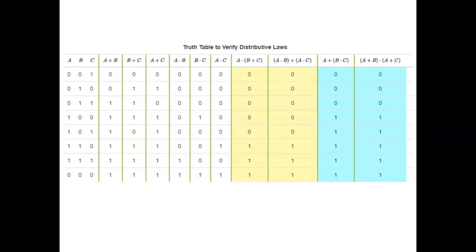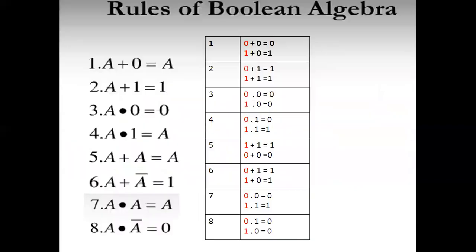You can pause and check later. A dot (B plus C) is equal to AB plus AC. This is one law, and the other one is A plus B dot C is equal to, sorry, (A plus B) dot (A plus C). That is how we are going to prove the distributive law.